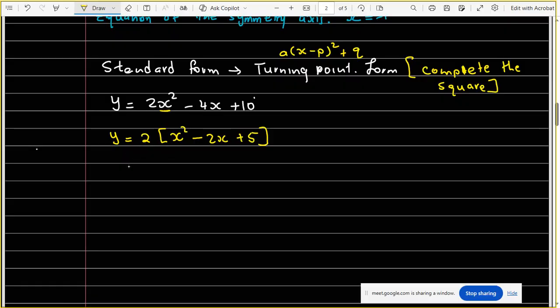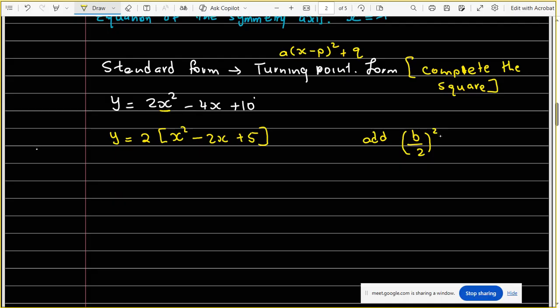Then you see now, whatever you have inside the bracket, you're going to complete the square. So when you complete the square, you're going to add b over 2, then squared. Wait, it's b over 2, ne? Yes, b over 2. Then squared.